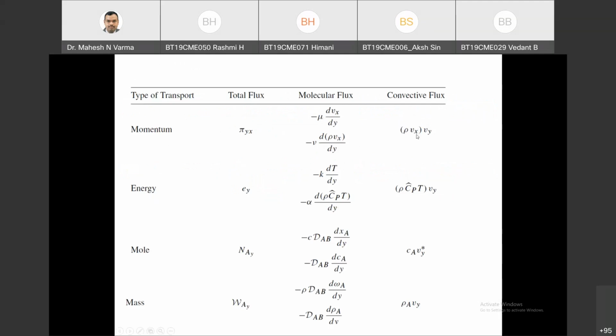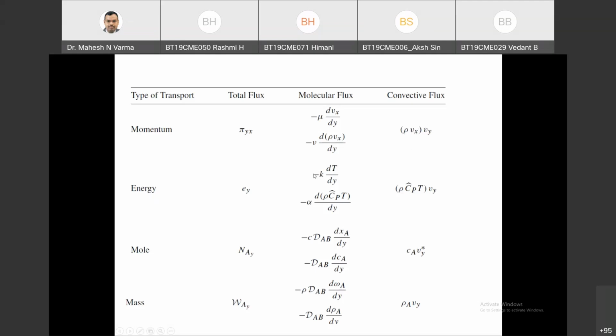I have x velocity and y velocity. So this will be a convective x momentum flowing in y direction. This is momentum per unit volume, and this represents bulk motion. So here also two directions are associated with a convective momentum flux.